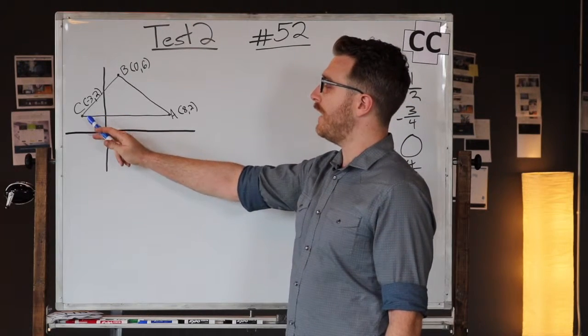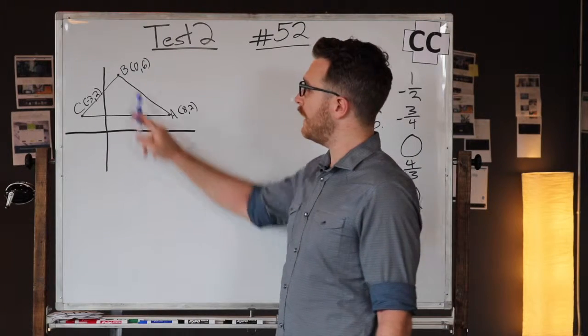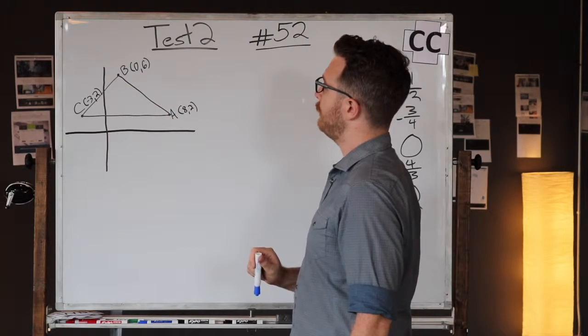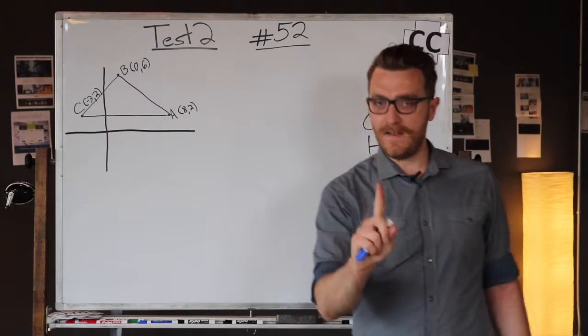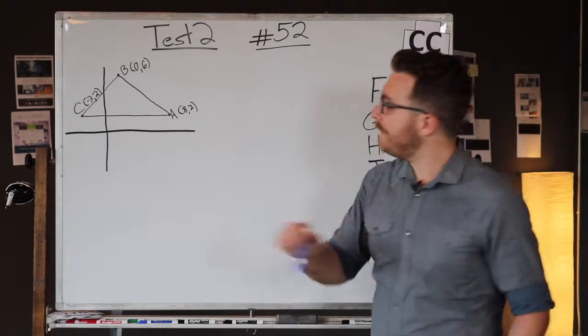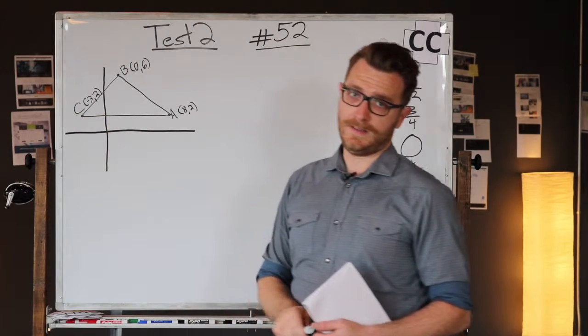We're given a triangle here that is straddling the first and second quadrants, over the y-axis. And they're asking us about the area of this triangle if point C moved around a little bit.